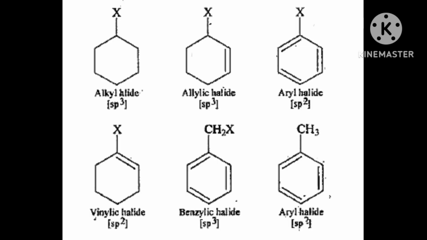The common name is benzyl chloride. And what is the actual IUPAC name? Chlorophenyl methane. You can understand it like this: methane CH4, out of 4 H, 1 H gone and Cl came. Then 3 H are there. Then suppose a second H gone and benzene came.